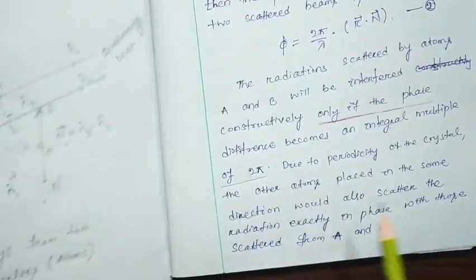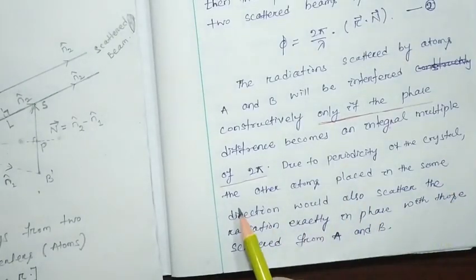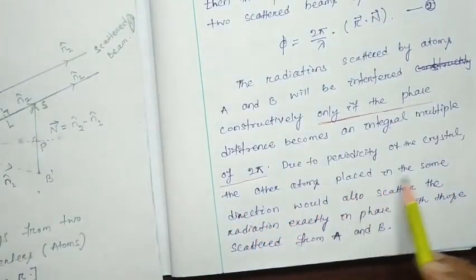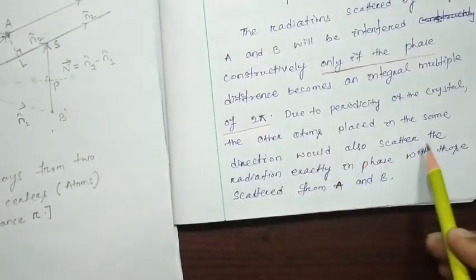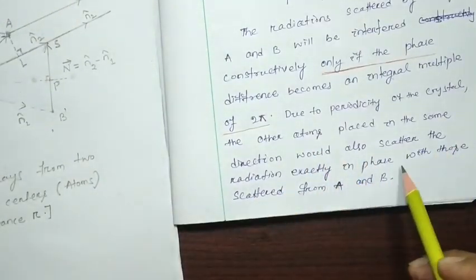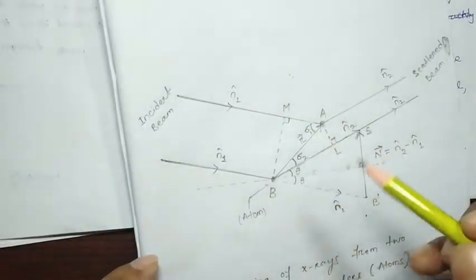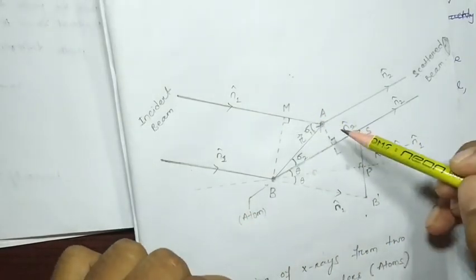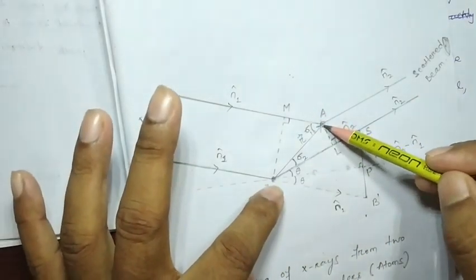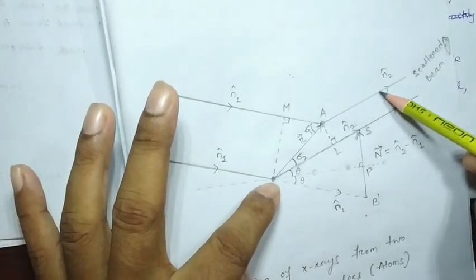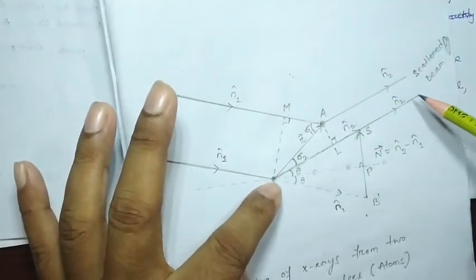Placed in the same direction would also scatter the radiation exactly in phase with those scattered from A to B. So as we got the scattered radiation from A to B, from A it is scattered in this way, from B it is scattered in this way.